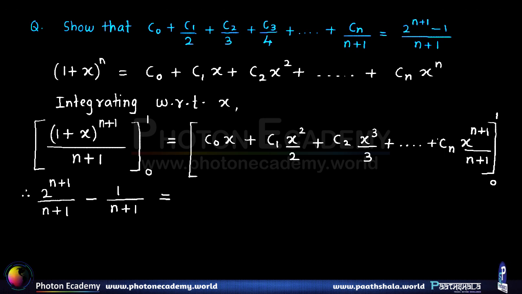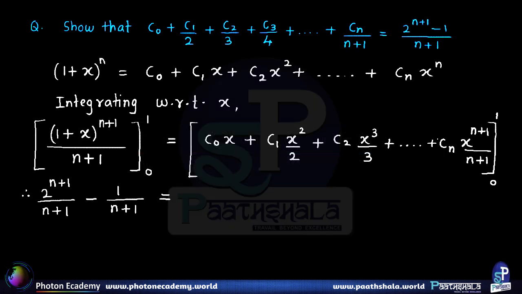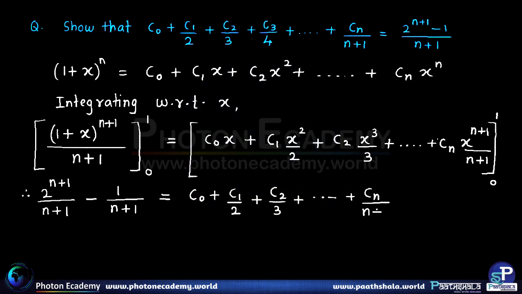Now here on the right hand side, when you put x equal to 1, all the powers of x will become 1, so therefore we have C0 plus C1 upon 2 plus C2 upon 3 plus and so on, plus lastly Cn upon n plus 1.